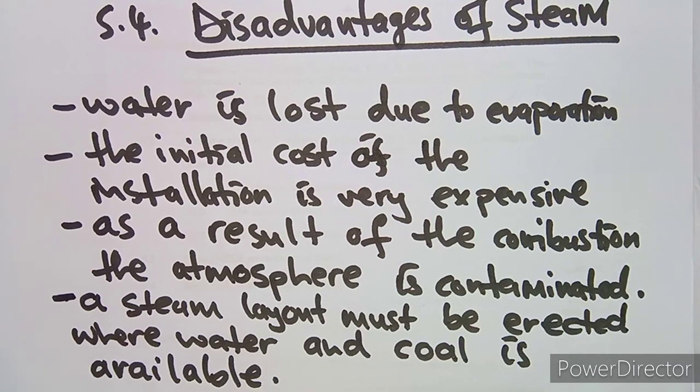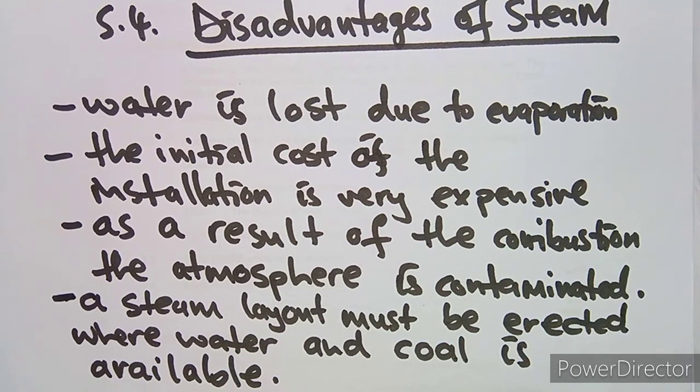Maybe it takes time, due to our rainy seasons and so forth, but that's a disadvantage. The initial cost of the installation is very expensive. To start that plant, guys, it's going to take a lot of money. Yes, it has a long life period, but to start it, it's very, very expensive.